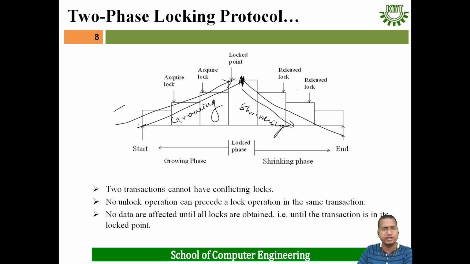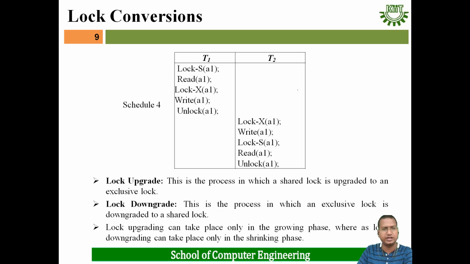Growing phase and shrinking phase you already know. Now we'll see lock upgrade and lock downgrade. What is this? Lock upgradation is generally present in your growing phase. When the transaction is applying locks, lock upgradation can happen. What is lock upgradation?